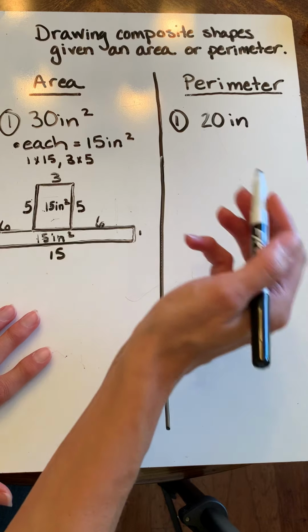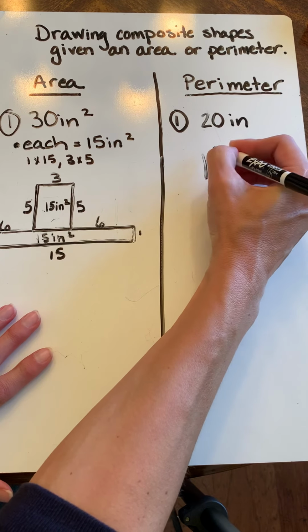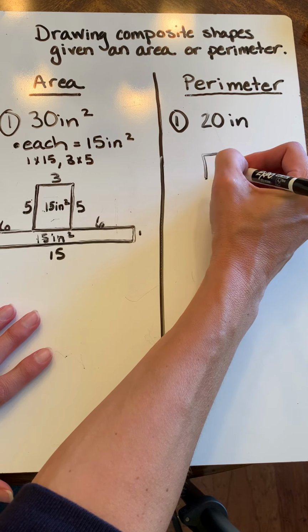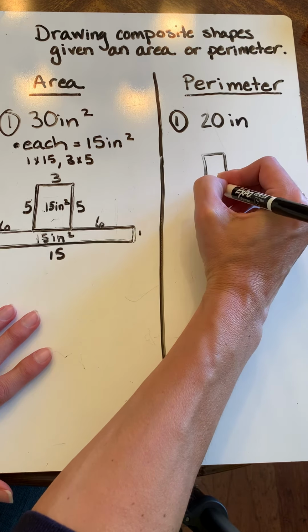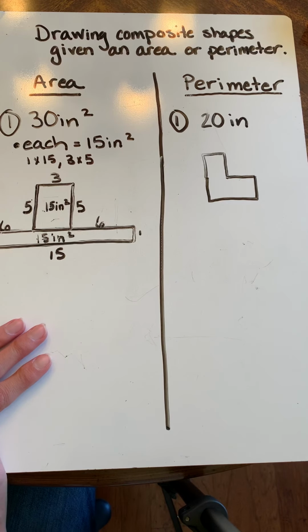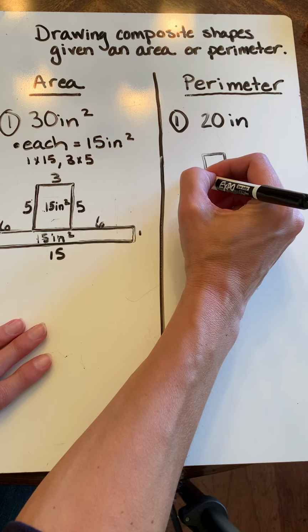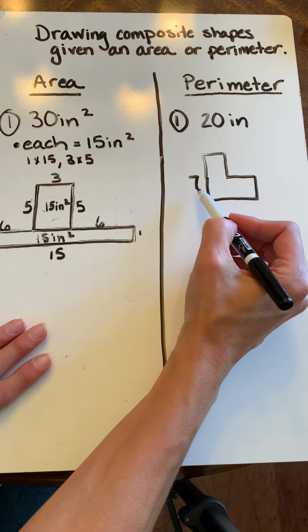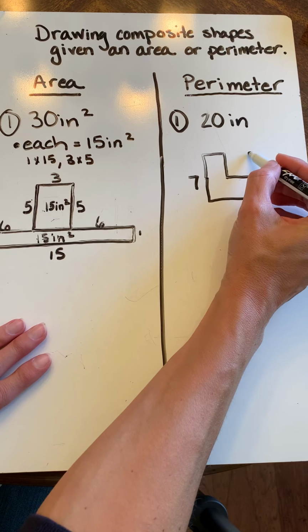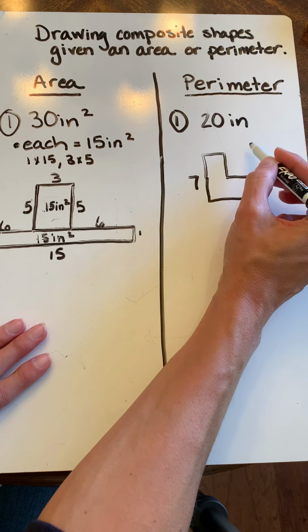All right, well, let's see. I'm going to draw my shape first, and then I'm going to put in measurements. I'm going to draw a big L. Over here, I'm going to put 7. If this is 7, I know then that this whole side over here has to equal 7.